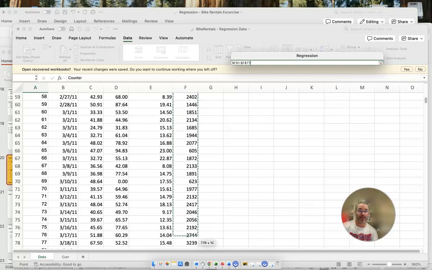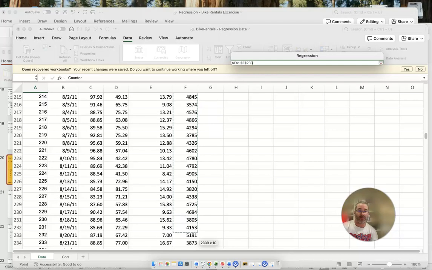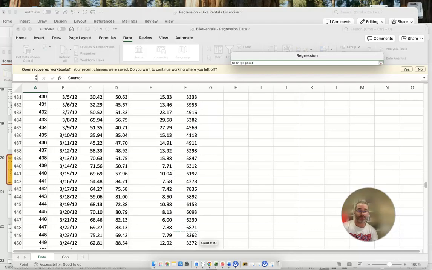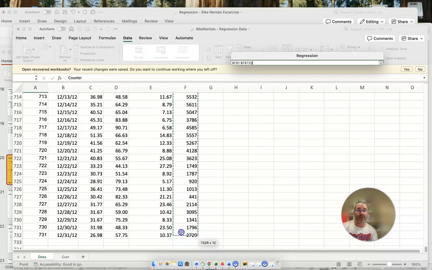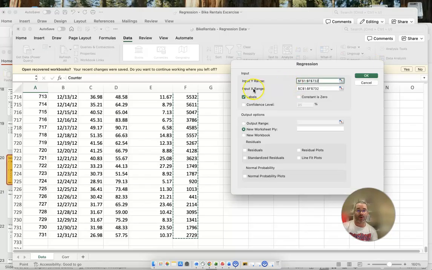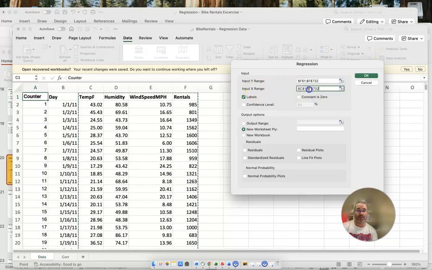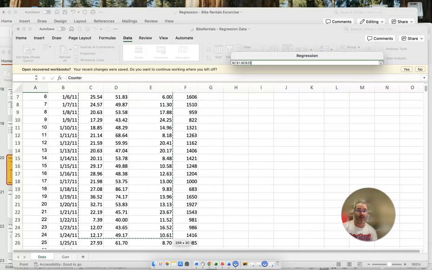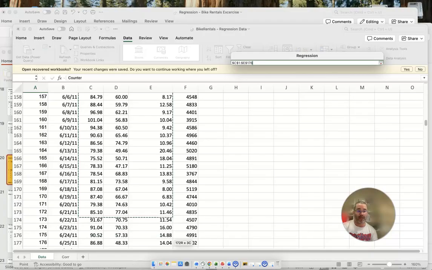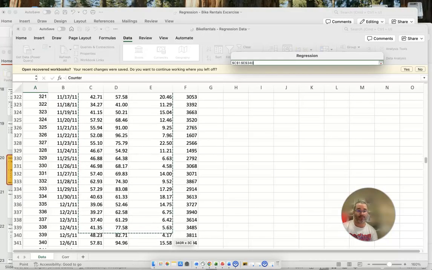So for y, we're going to select all of the data underneath rentals. And then we've got 3 independent variables, or x variables. For my X range, I can select all three independent variables at once here: temperature, humidity, and wind speed. And again, just go down to the bottom of this.